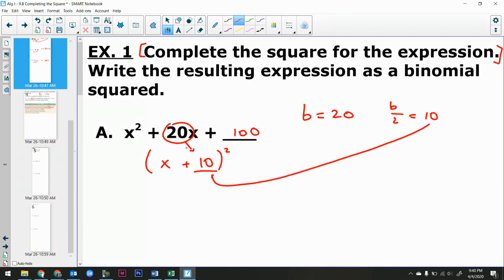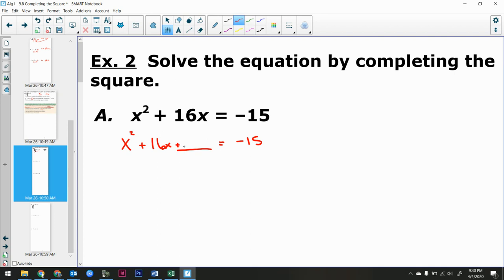Just like the problems that we were doing here. Well, what's half of 16? My b value is 16. What's half of 16? 8. And what's 8 squared? Well, that's b over 2 squared, 64, right? So what fills in my blank is a 64.